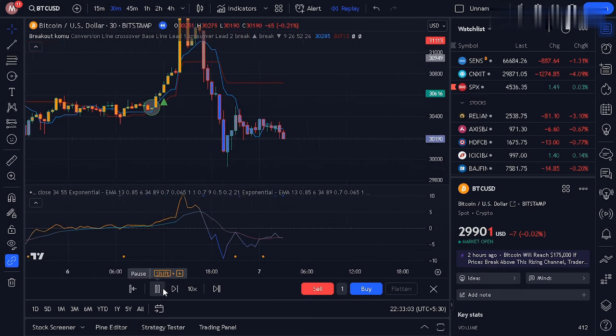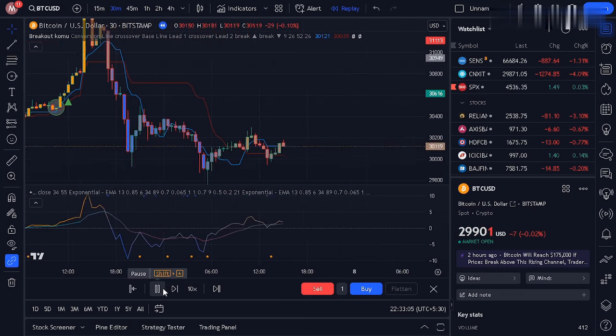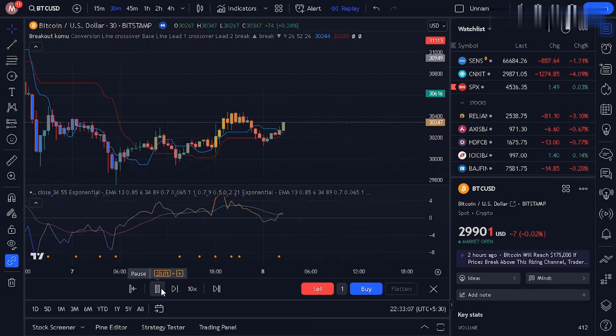We can see there is a bearish crossover in the Ichimoku bands. In this scenario we will look for sell signals. Let's see.